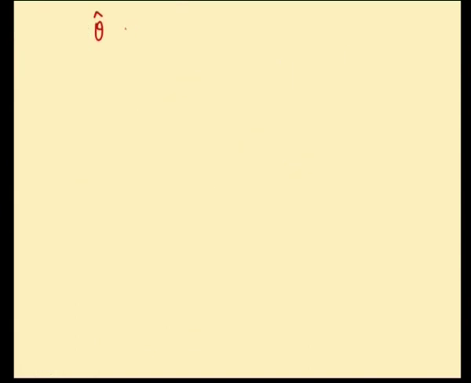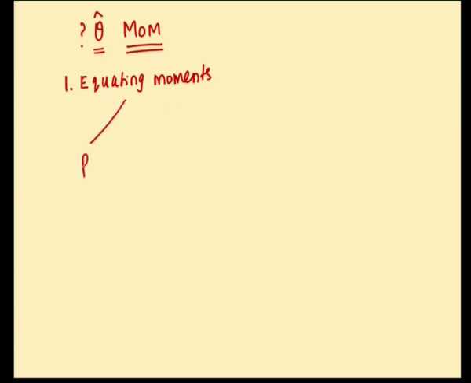Then I may take the same problem, estimating θ, through the second method called MOM. MOM works by equating moments, maybe central or non-central moments, in two ways: one from the population model itself, another from the sample.